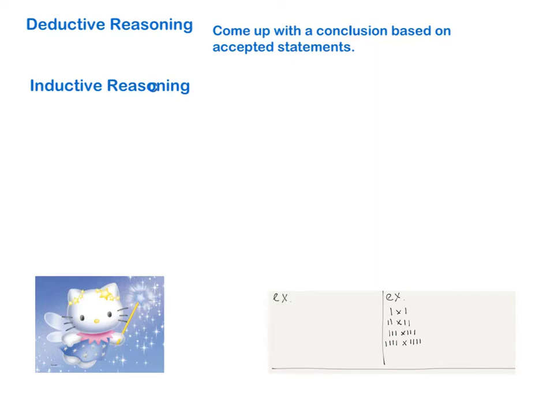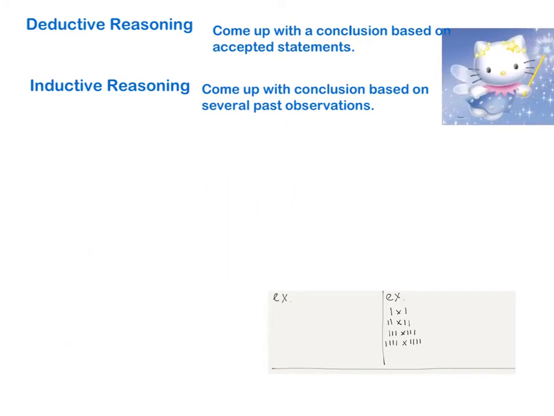Inductive reasoning, you come up with a conclusion this way, based on several past observations. This is kind of more of the scientific way. So deductive reasoning is when you come up with a conclusion because of things that you know that are true. Inductive reasoning is when you come up with a conclusion based on several past observations.